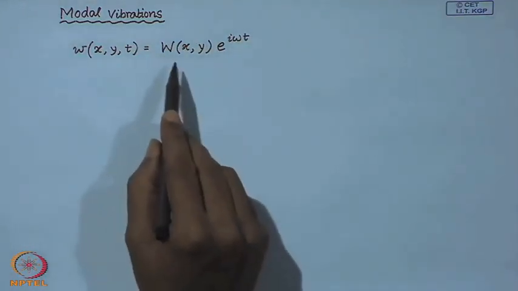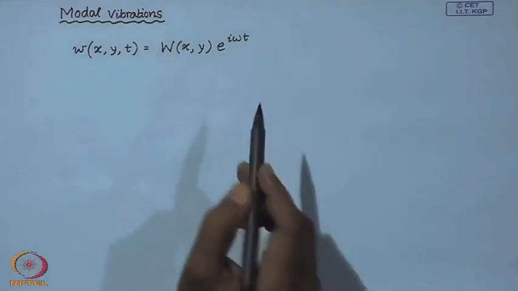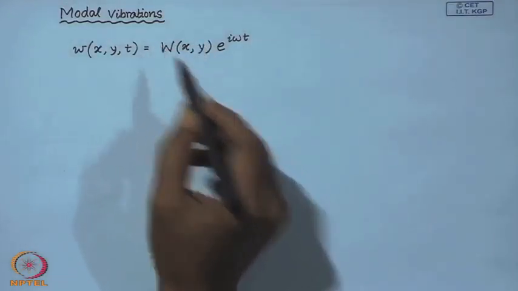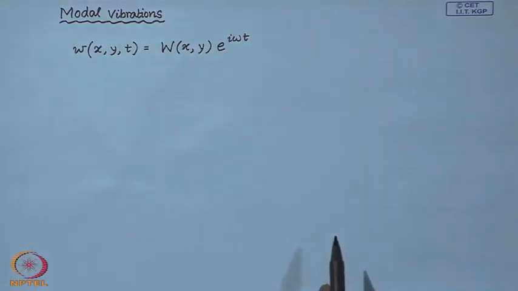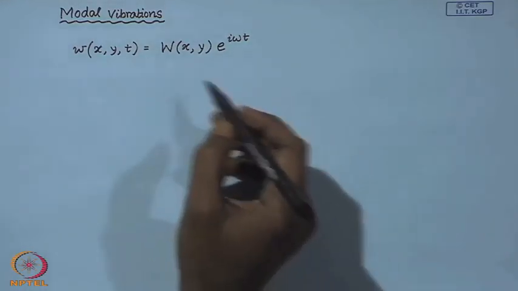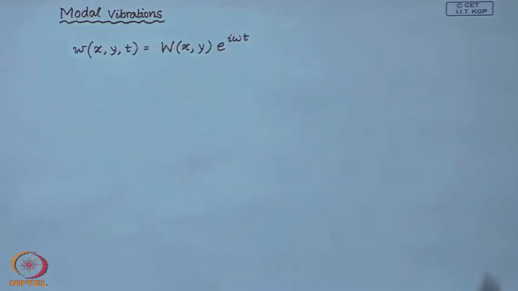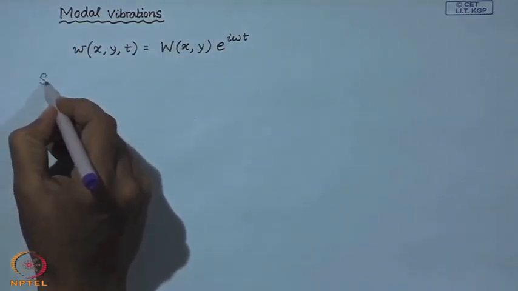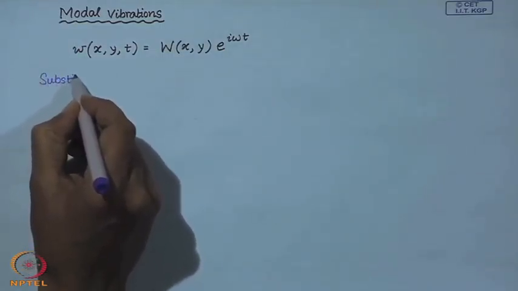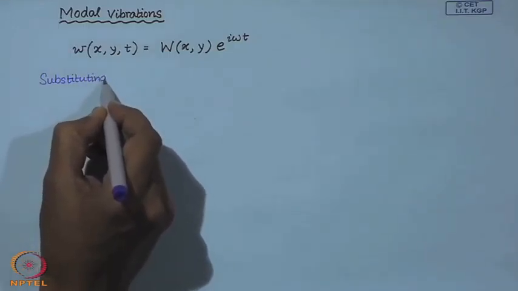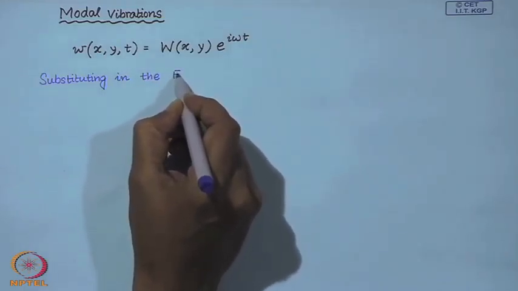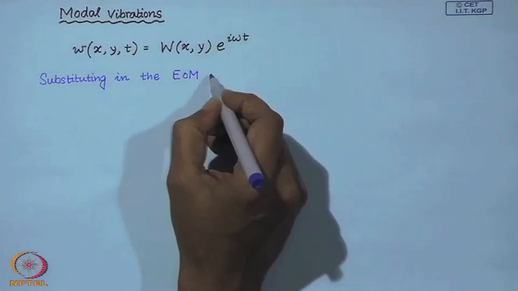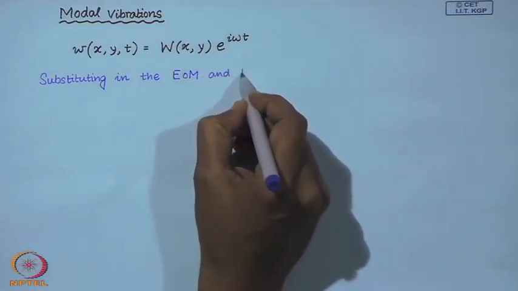So, this is separated in space and time. So, we have this spatial function W, which is a function of x and y, and the complex time function. Now, we substitute this solution form in the equation of motion, and also the boundary conditions.